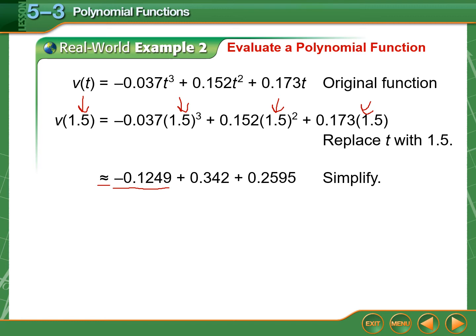If you need to round as you go, give yourself 3 or 4 decimal places, which gives you a slightly more accurate answer. As we keep going, now we'll find out we end up with 0.4766 liters. That's the amount, or the volume of oxygen in liters during that respiration cycle.